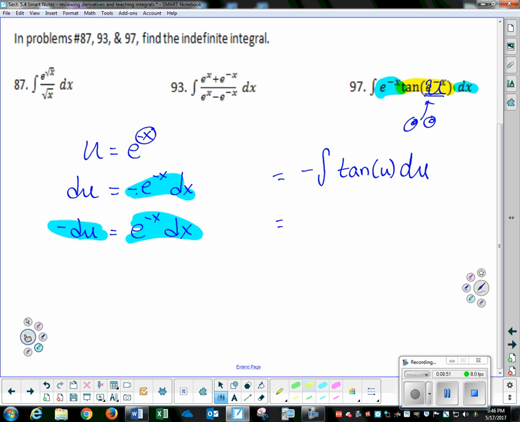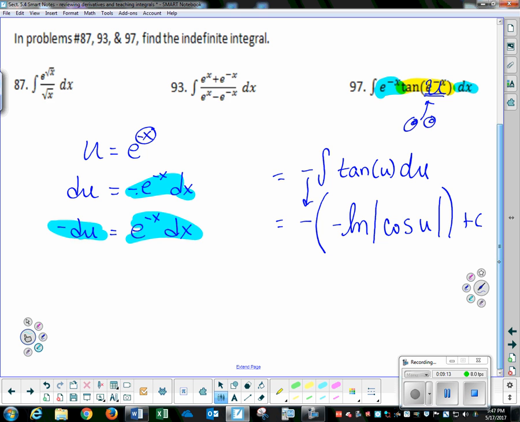And, oh, I can integrate tan. Not the easiest integral. I have to remember a little bit. Okay, so we got the negative coming down. Now, the integral of tan we learned the other day, I think it was section 5.2, it's negative natural log absolute value of cosine of u then plus c.